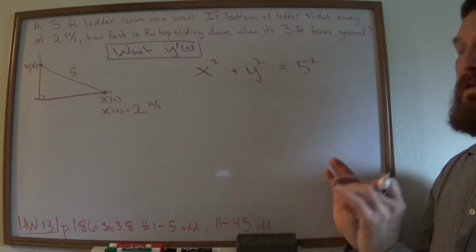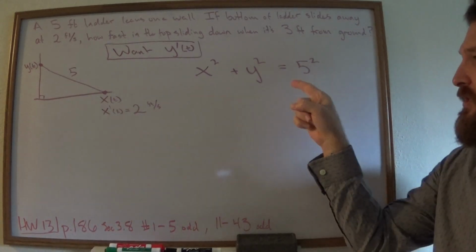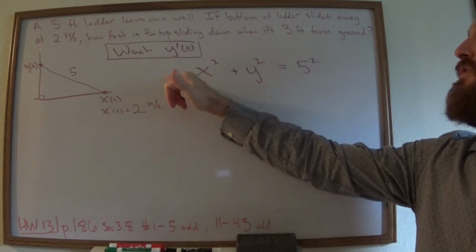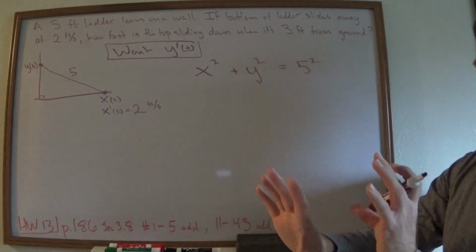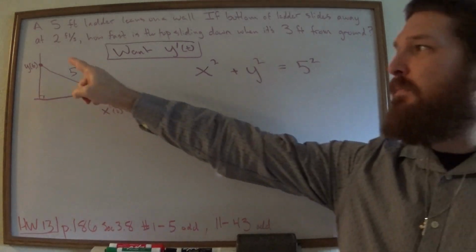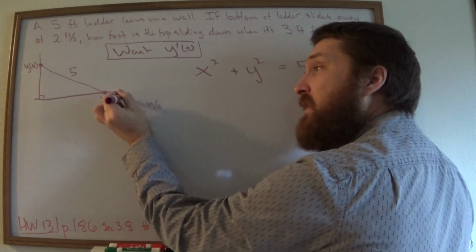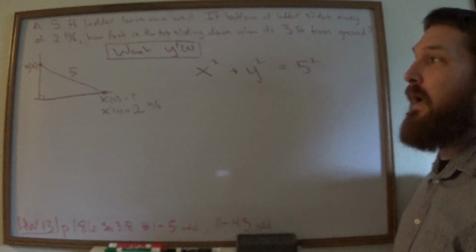Now, here we go. We just did implicit differentiation. But in implicit differentiation, we assumed that y was a function of x, and we took the derivative with respect to x of everything. That's not quite what's going on here. In this case, everybody is a function of time. It's still implicit because we don't have the actual formulas for whatever x is and whatever y is.